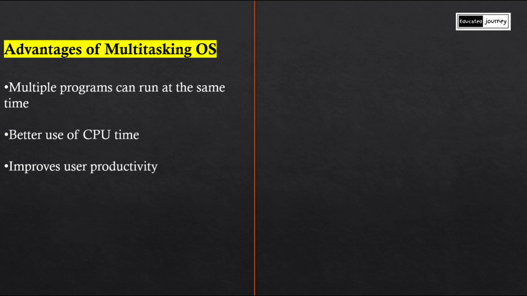And the third advantage is it also improves users' productivity. Users can listen to music, browse the internet, and work on a document together. Because tasks are switching quickly, users get faster response from the system. Overall, multitasking helps in efficient use of system resources like CPU and memory.